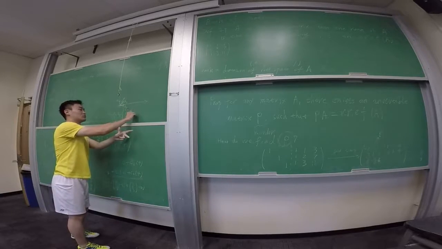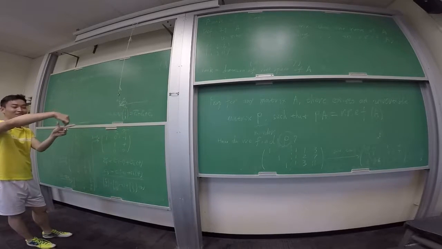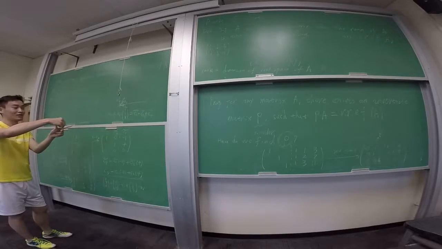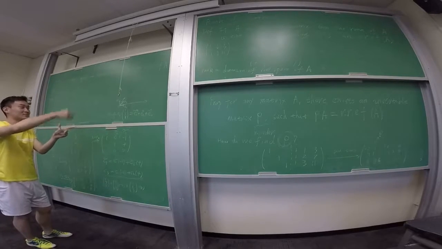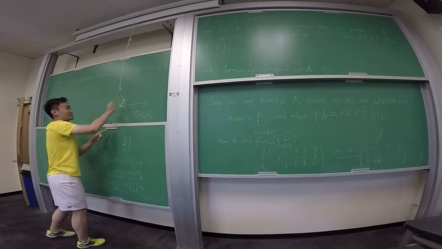It's actually equal to E1 plus E2 plus E3, right? You add those three vectors together and get this vector. And then you have three such vectors, which are actually all the same.